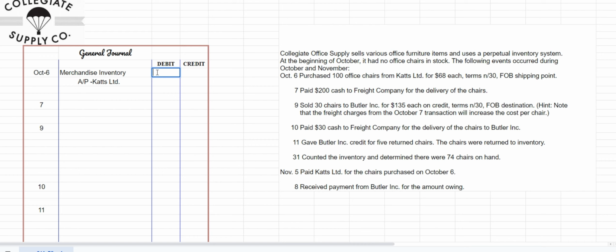If you purchased 100 office chairs and each office chair costs $68, then the total cost for those 100 office chairs would be 100 times 68, which is 6,800.